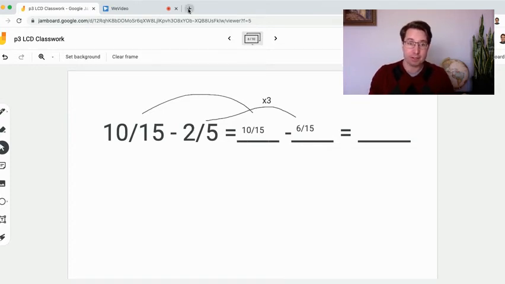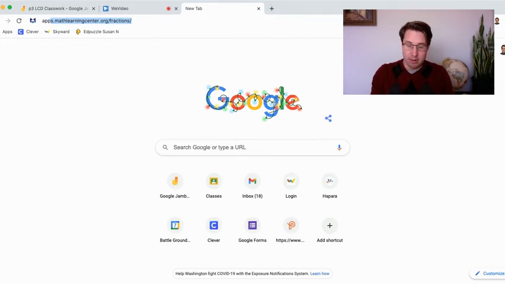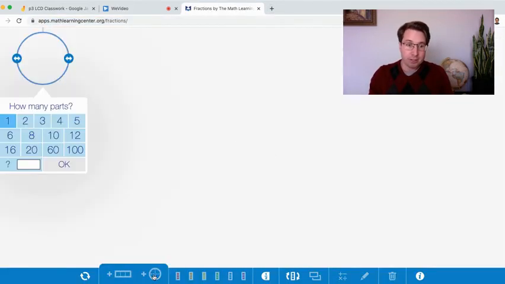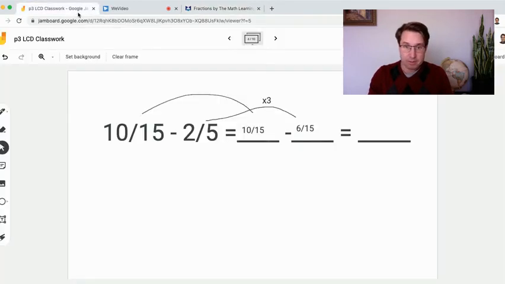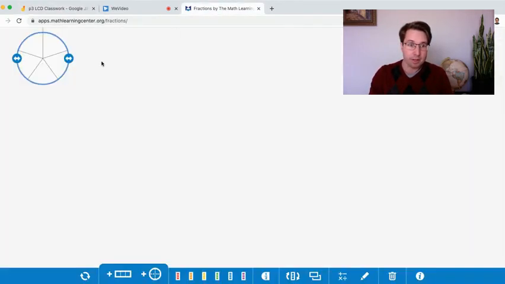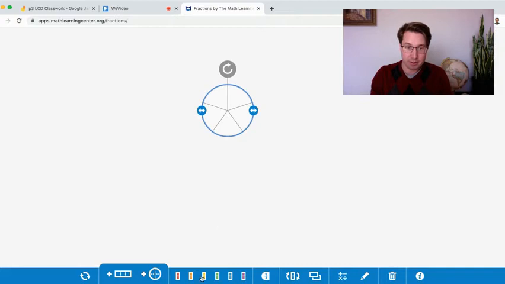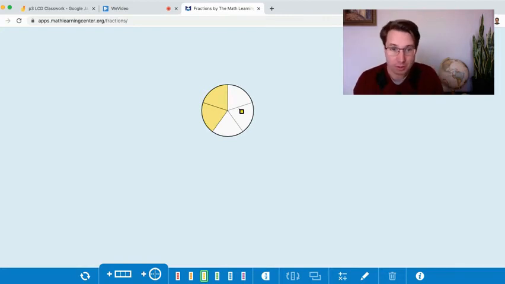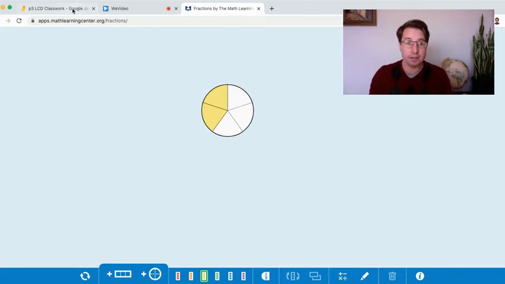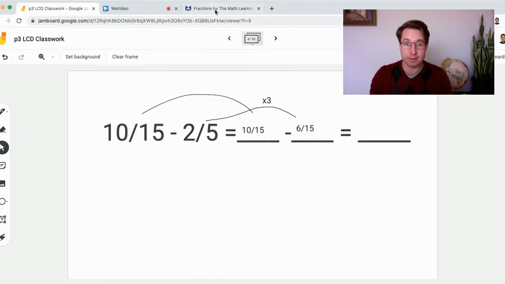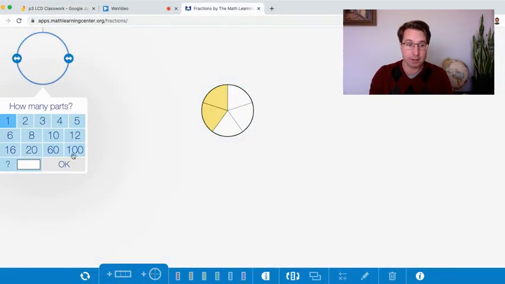Here, you know what? I'll just show you something. This is good. I'll just show you when we have 5 pieces, right? And what was our fraction? It was 2/5. Okay, if we have 5 pieces on our calculator, this is 2/5. Do you agree? 2 of them are shaded out of 5. That's great. That's golden. But we want to turn it into 15ths. So now let's add another fraction here and make it out of 15.